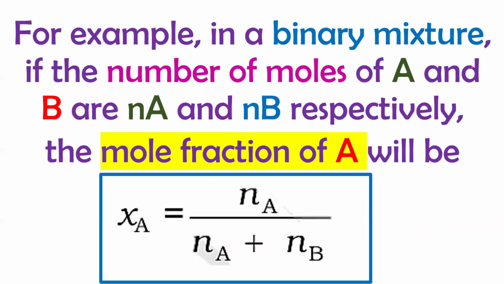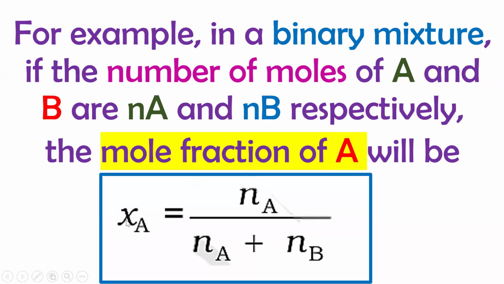Now for example, in a binary mixture, we said in this chapter we are usually studying binary mixtures only, that is, mixtures involving only two components. So if the number of moles of A and B are Na and Nb, how can we write the mole fraction? We are finding Xa.